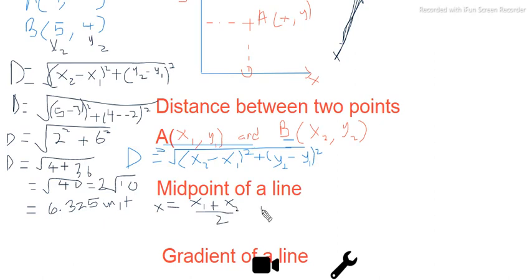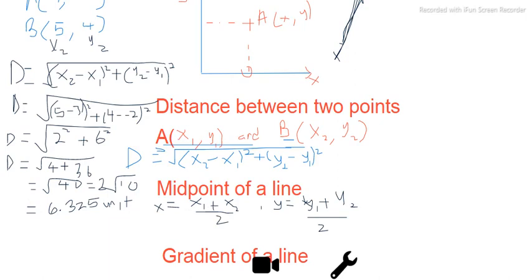Then you also add their y coordinates and divide by 2. So y equals y1 plus y2 over 2. This is the formula for calculating the midpoint.